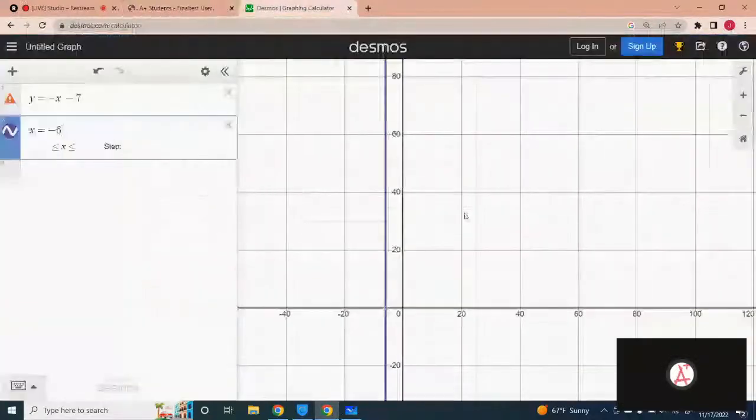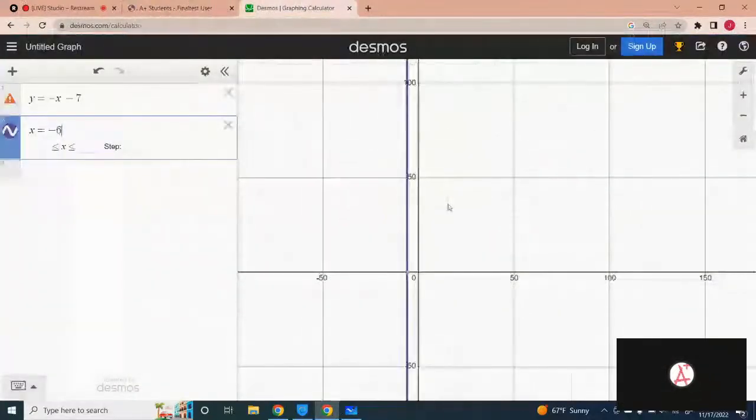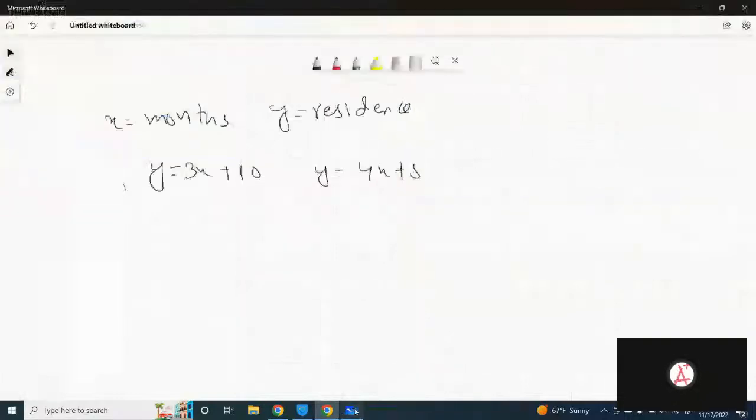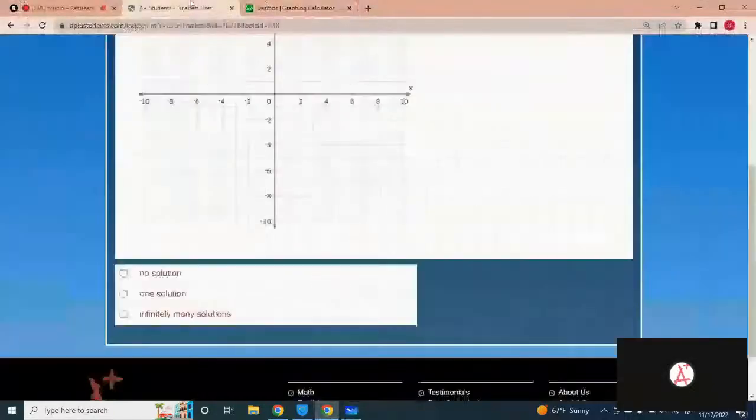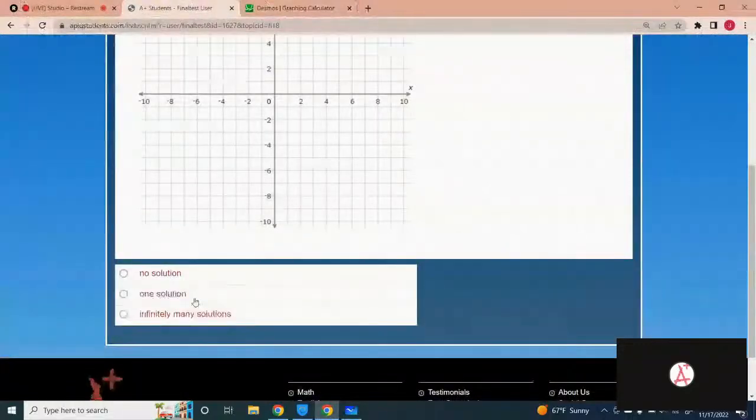The system has no solution basically. Got it? Because they are just parallel lines, they don't have any solution. It would be no solution. The system has no solution.